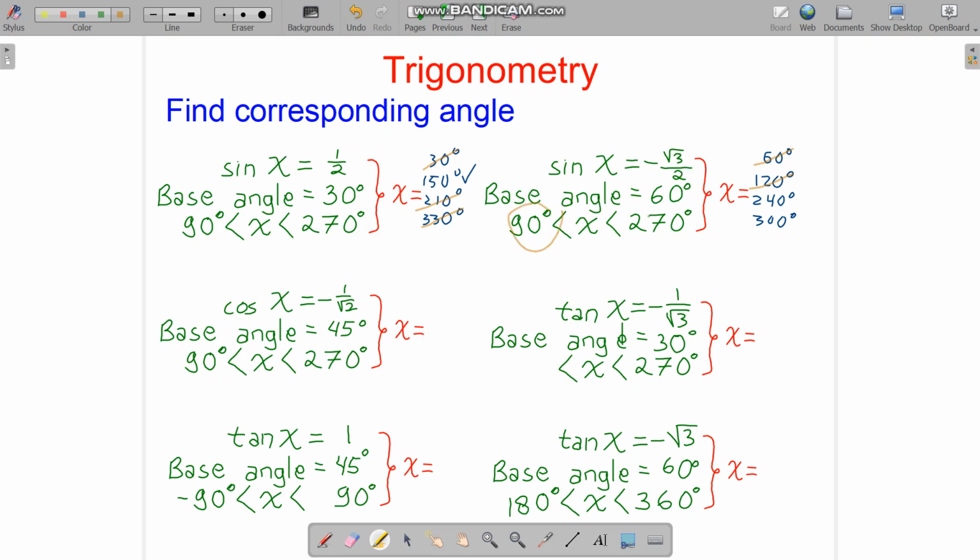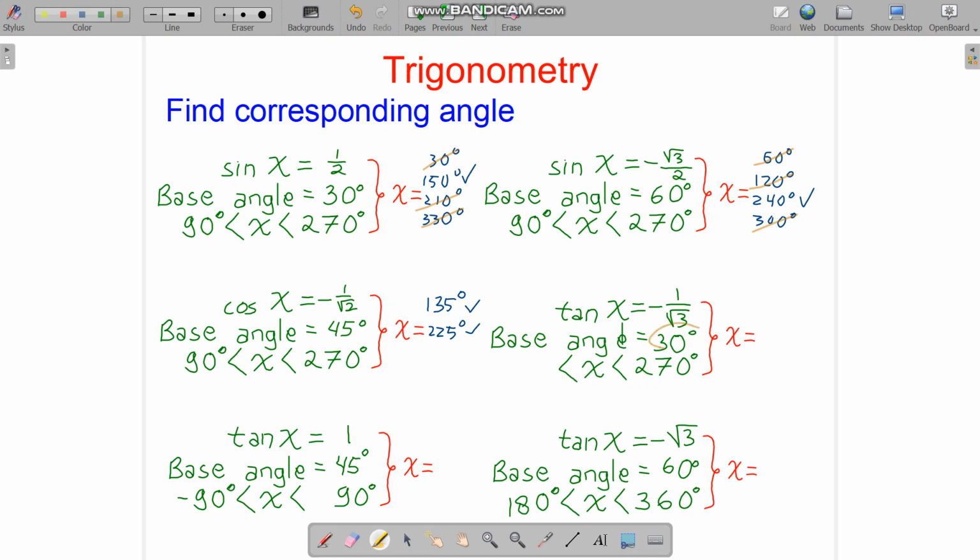Now it's between 90 and 270, so of course we cannot use 300, so we have only one angle. So again here 45 degrees, we can find the angles in quadrant 1, 2, 3, 4, but it's minus, so we can only use cos minus in quadrant 2 or quadrant 3, and therefore here we have two solutions, 135 in quadrant 2, and in quadrant 3 that's 225.